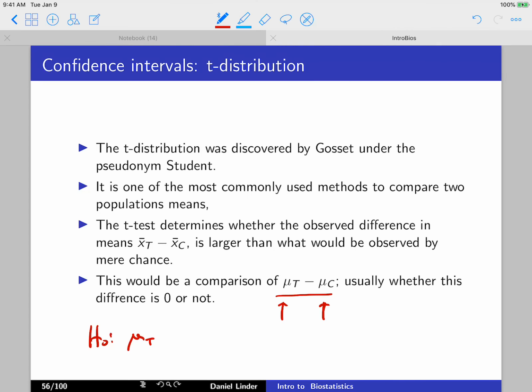Mu treatment minus mu control equals 0. So this null hypothesis would be a statement basically that the mean in the treatment group is the same as the mean in the control group. Again, I want to stress what I've written here are statements about population parameters, mu treatment and mu control.